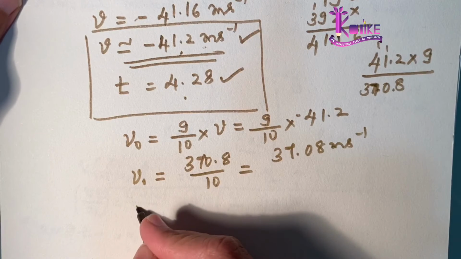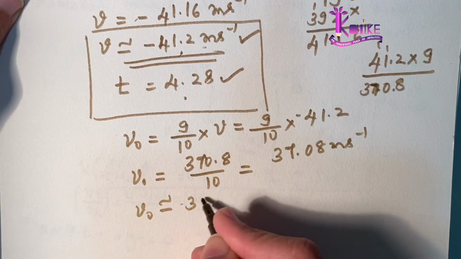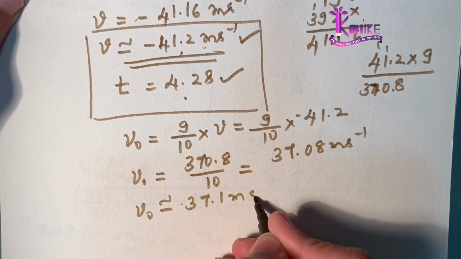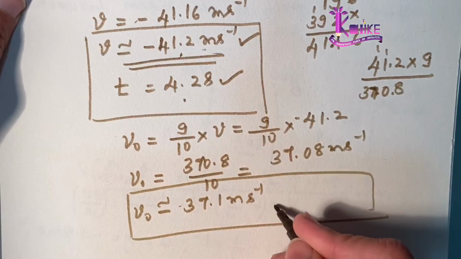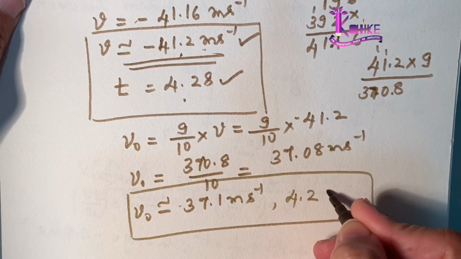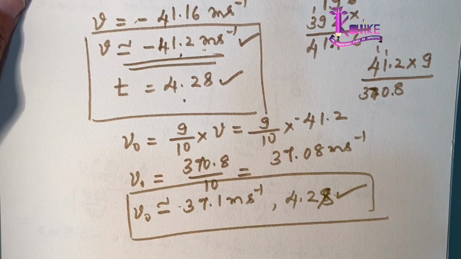Okay, they are one and the same, or this can be approximated as 37.1 meter per second. And when is this speed attained? This speed is attained almost at the same time, because almost instantly the ball rebounds.